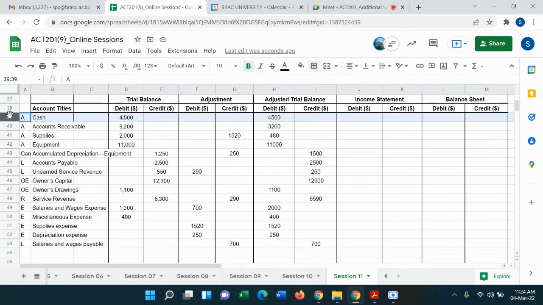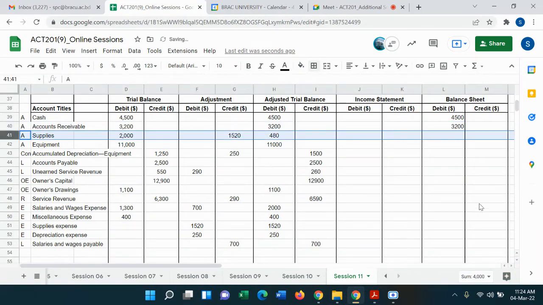Okay. So cash is an asset, should be transferred to the balance sheet. Cash was a debit balance, we'll transfer it to the debit side. Accounts receivable, asset in the balance sheet, 3200. Supplies, asset.